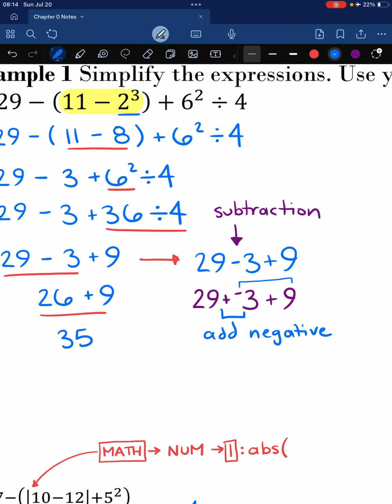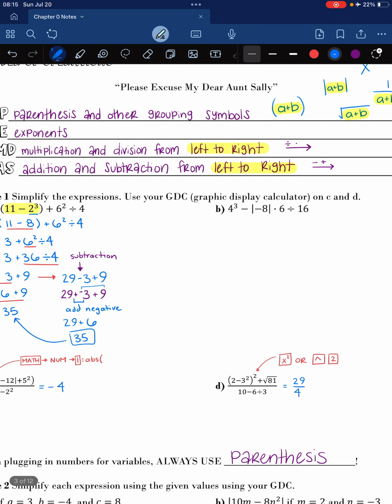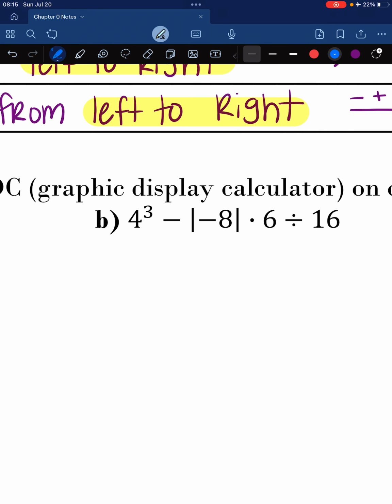So now I would just be adding 6, and adding 6 to 29 gives me the correct answer. Okay, so that's, again, we don't really have to do it, but it's important to me that you understand that concept. Okay, let's move on to the next one, a little bit more straightforward.